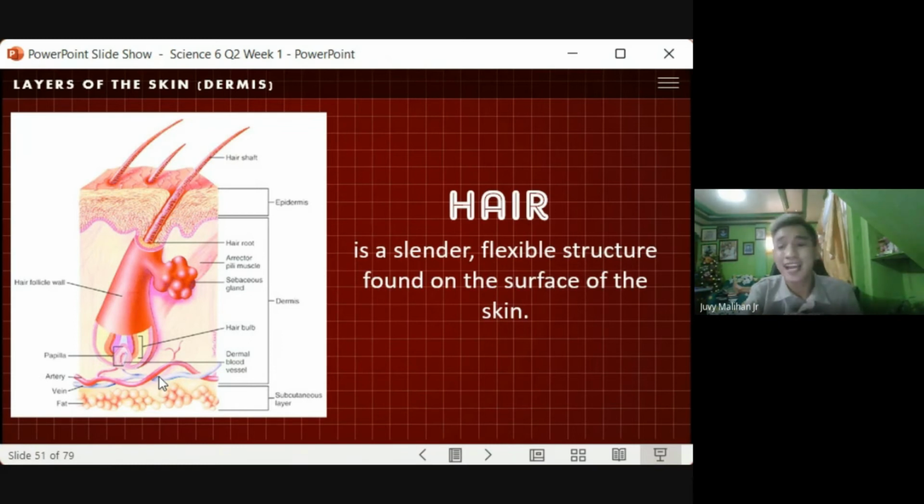Of course, the answer is no. If no, what parts of our body are not covered with hair? Very good. Our body is covered with hair except the palms of our hands and the soles of our feet. So kung napapansin nyo, wala tayong buhok dito. At sa talampakan, wala din tayong buhok.